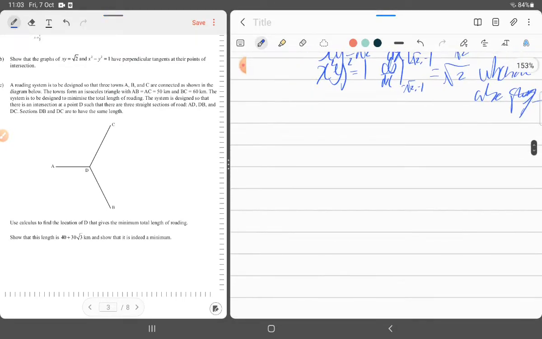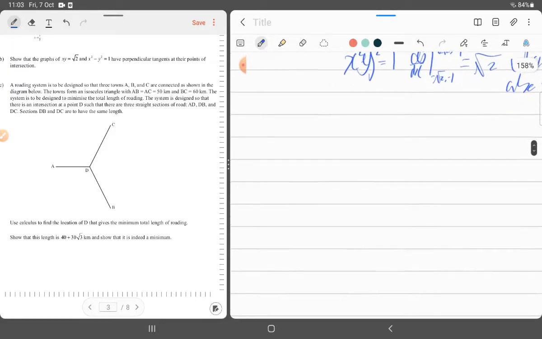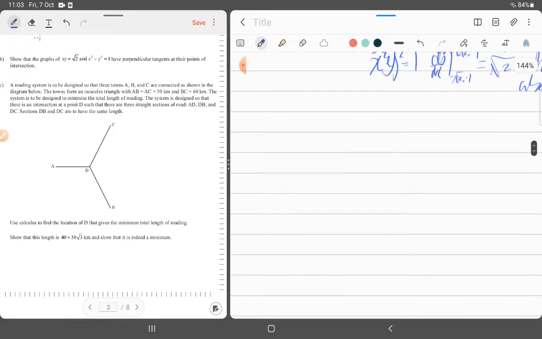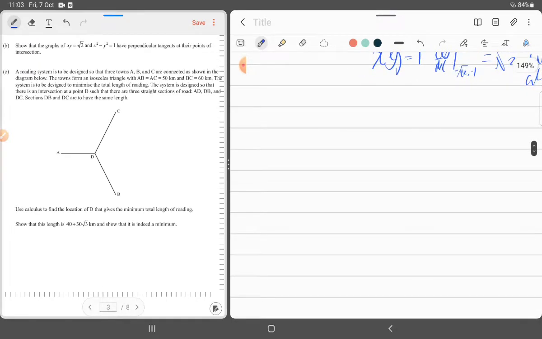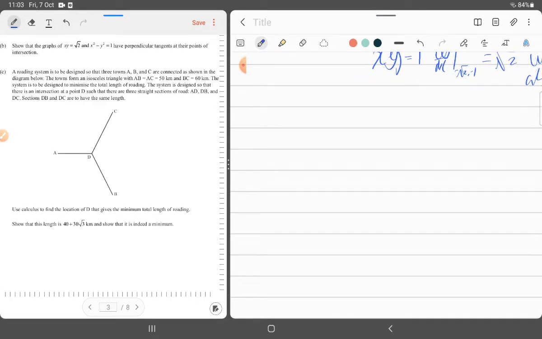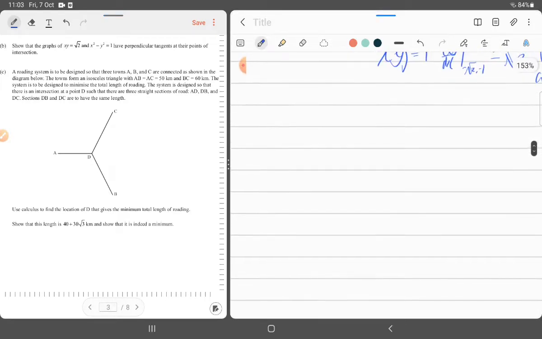This system is designed so that there's an intersection point at a point D such that there are 3 straight sections of load AD, DB, DC. Use calculus to find the location of D that gives minimum length of loading. Show that this length is 40 plus 30 square root of 3 kilometers.